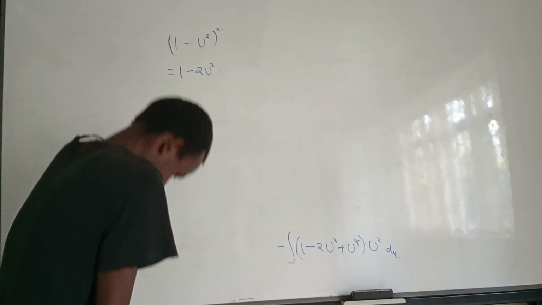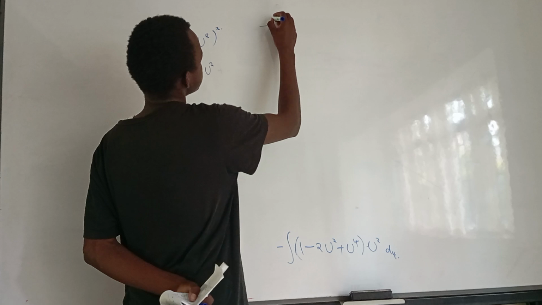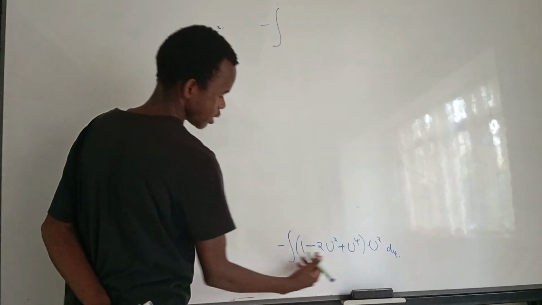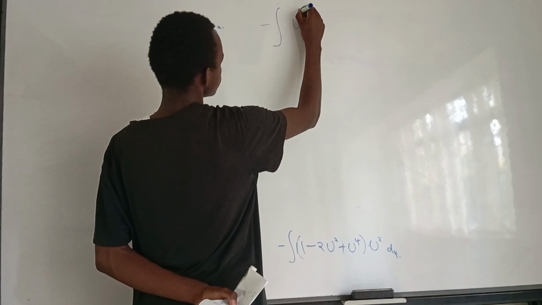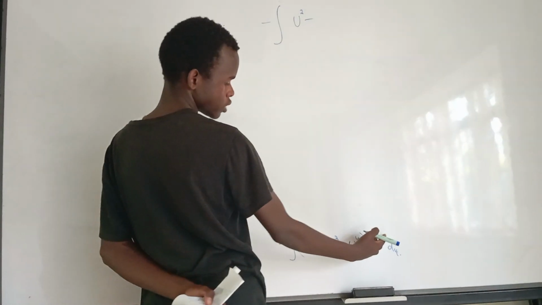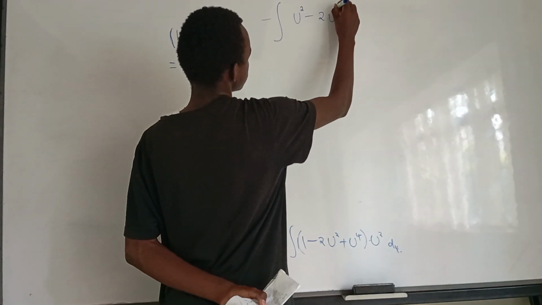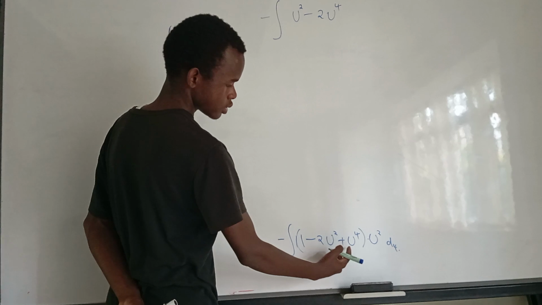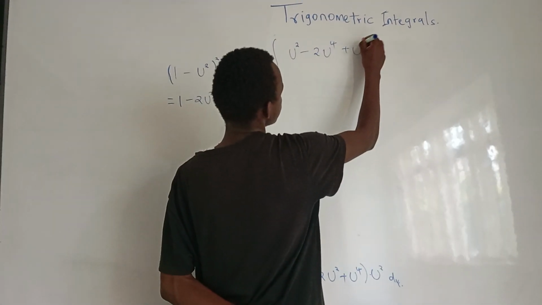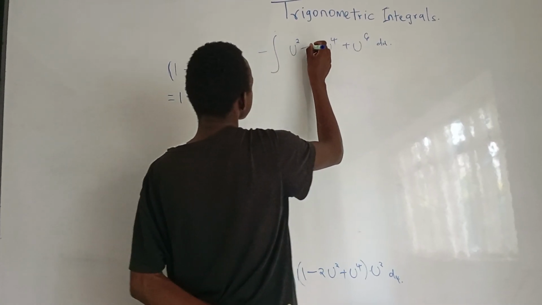So let me open my bracket and get negative the integral of, when I multiply u squared by 1, I just get u squared, minus 2u to the second multiplied by u to the second, just u to the fourth, so it will be minus 2u to the fourth. Then this multiplied by this, I'll just add to the power, so it will be plus u to the sixth du. Okay?